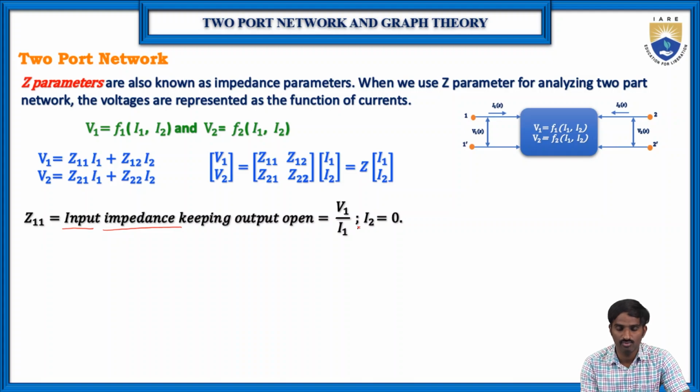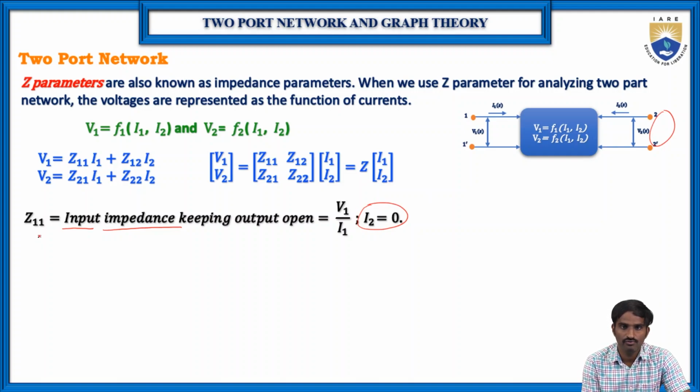As I told you, these are also called open circuit parameters. When you are finding parameters related to the input side, the output side must be open, and if you are finding the output side parameters, the input side must be open. That's why here I2 is equal to 0, which means we are keeping the output terminals open.